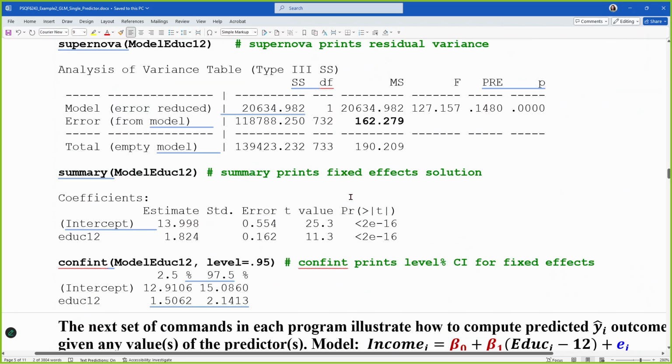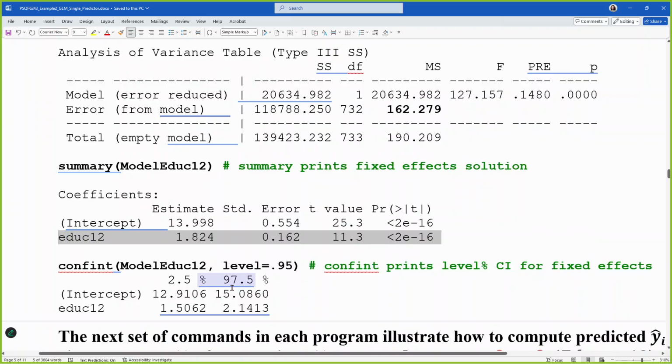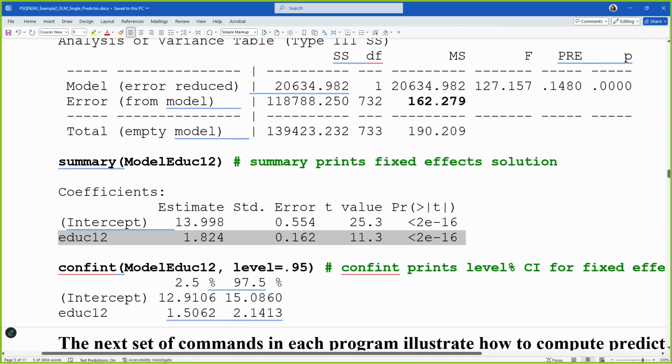So that's another way of looking at it: this p-value for the slope of education being significant, being 0 to 15 decimal places, is also a statement that 162 is significantly lower than 190. There is less E variance. In other words, we have significantly predicted income to some extent.